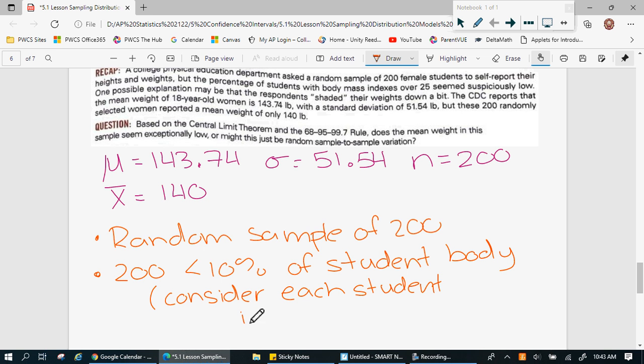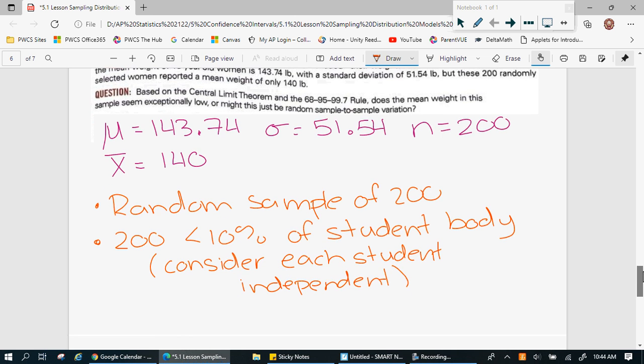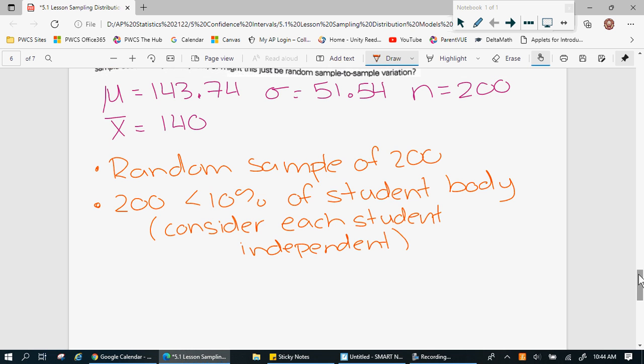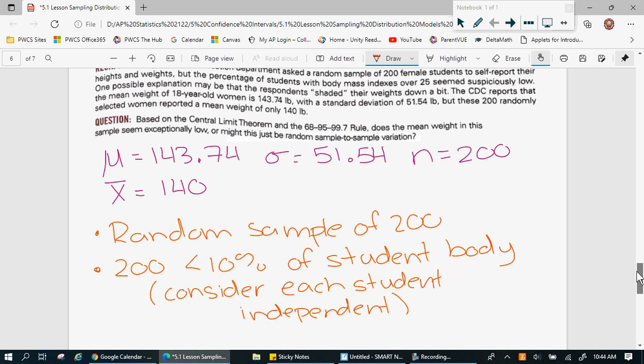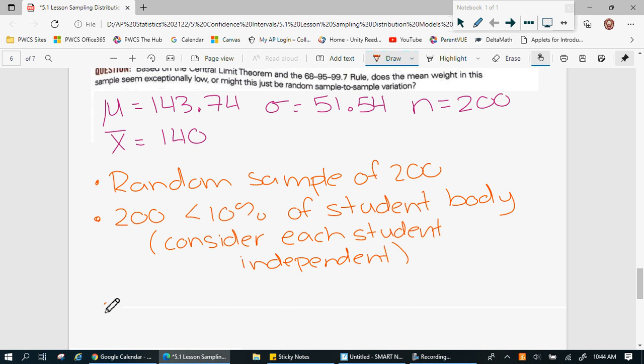So we can consider each student's weight independent of all the other students' weights, because this is less than 10% of the student body. And the last thing we want to establish is that our sample size is large enough. As I said, 30 or more is usually a good amount. So 200 is greater than or equal to 30, and so our sample size is large enough.